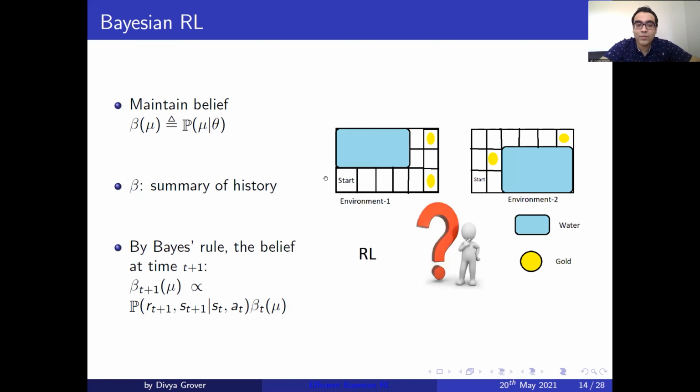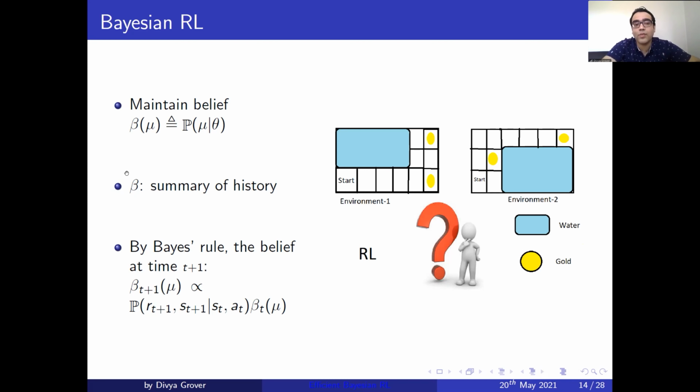So the belief that was 50-50 at the start state has changed to 0 for this one and 1 for this one, because he has safely moved to this square. That's a way for him to know, at each action, which of these two environments he is in. So he will update his belief in this process.